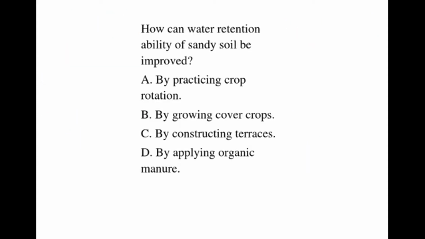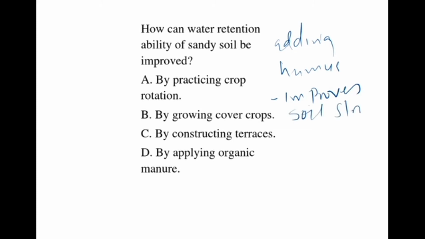How can the water retention ability of sandy soil be improved? Water retention of different types of soil can be improved, and mostly in clay, by adding humus. When you add humus to any type of soil, it improves soil structure, the way the particles are held together.